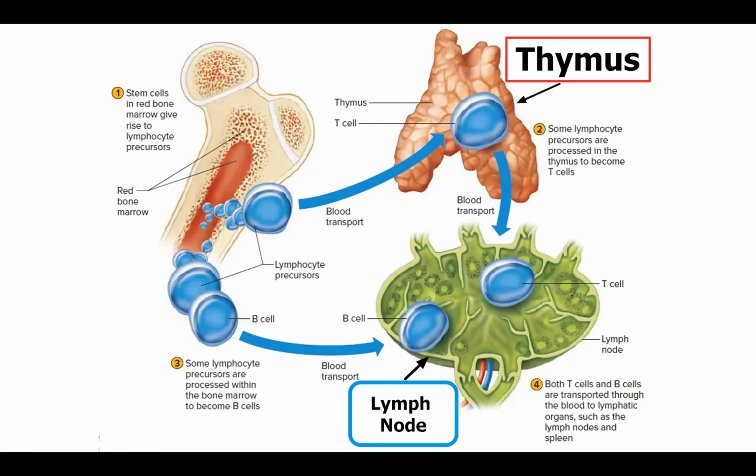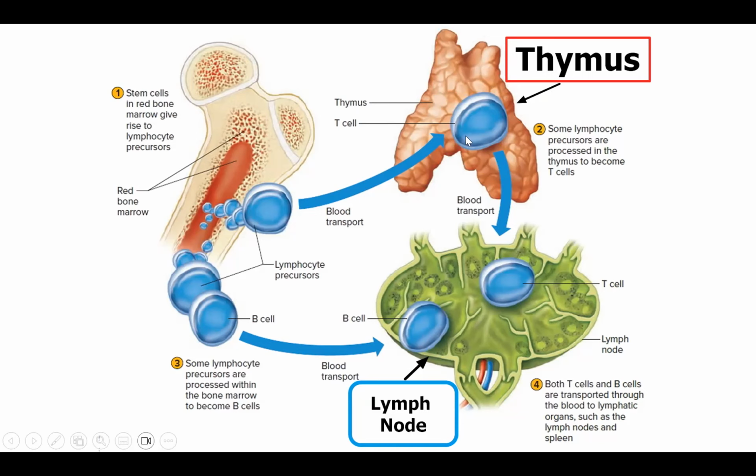Now there are different types of T cells, but we'll get to that shortly. Then the other precursor, the B cell: some of these lymphocyte precursors from the bone marrow will end up being B cells, and they'll go to the lymph node.